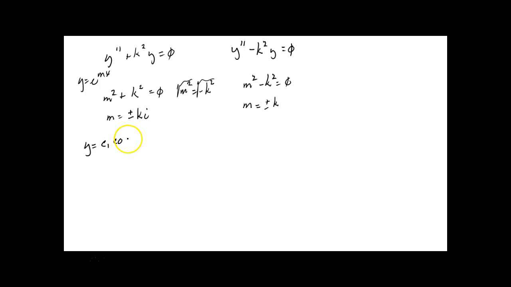Cosine kx plus sine kx. They're different functions, and they're independent. They're orthogonal functions, in fact.